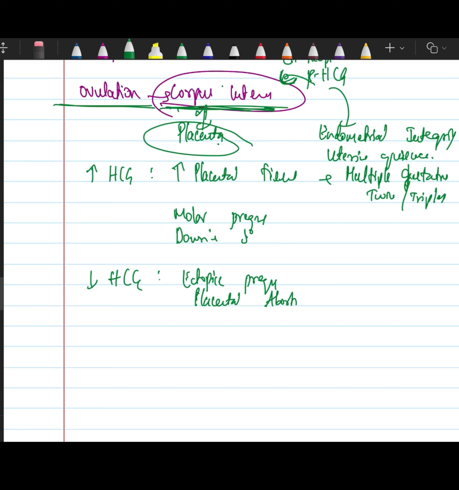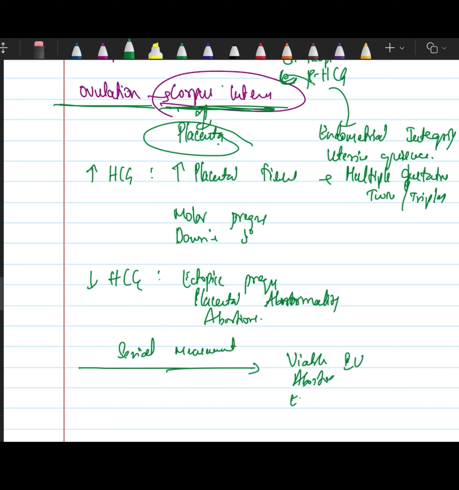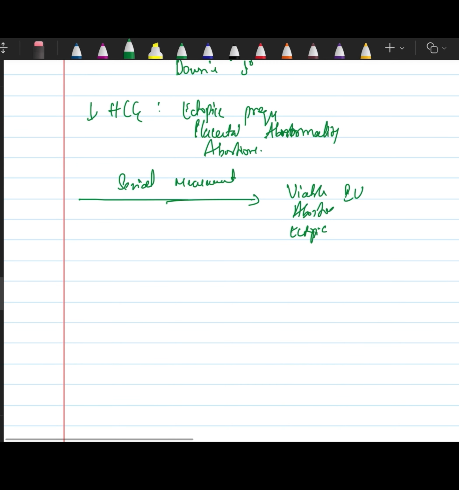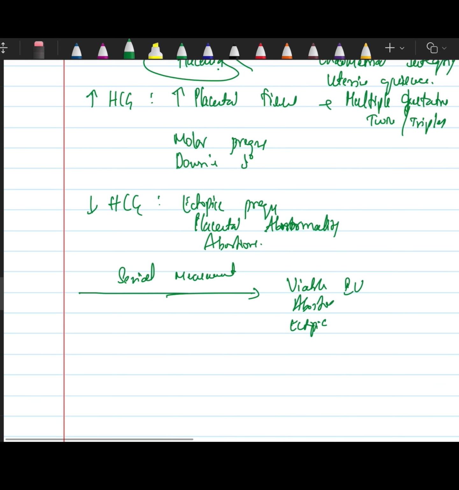In such conditions, we see a decreased beta HCG level, also in abortions as well. So that is why we measure beta HCG serially. This serial measurement helps in knowing what kind of pregnancy it is, either a viable intrauterine pregnancy, or abortion, or ectopic pregnancy. Okay, so these are the conditions where we see the rise and the fall.